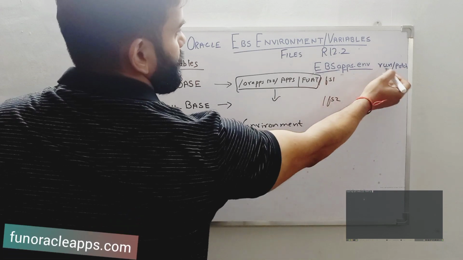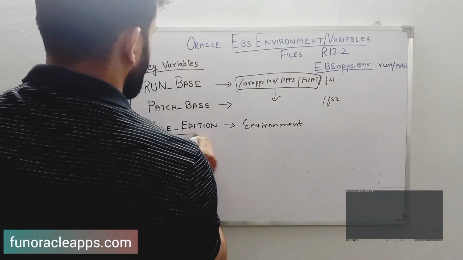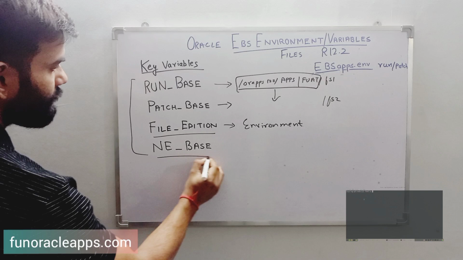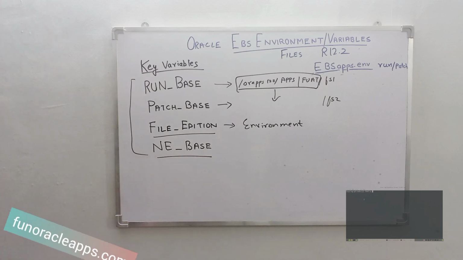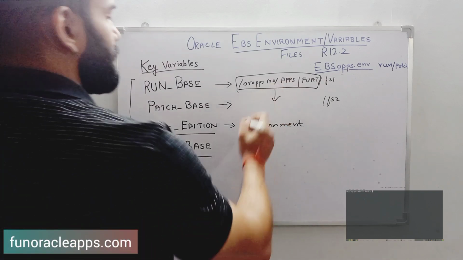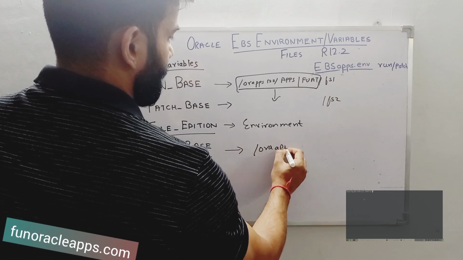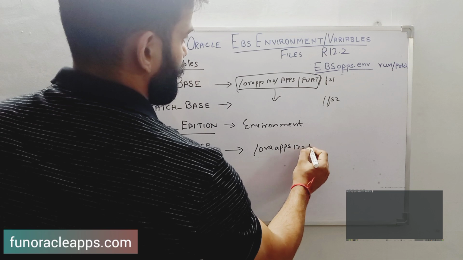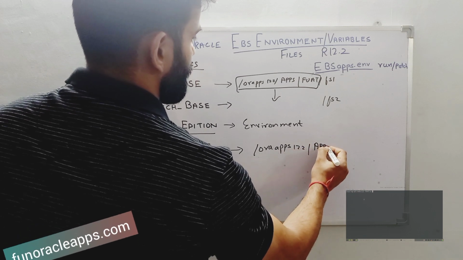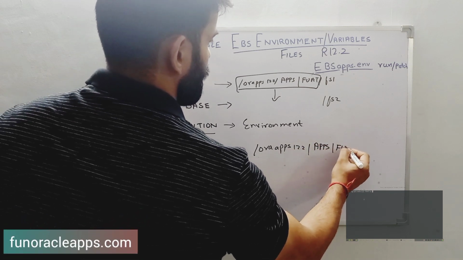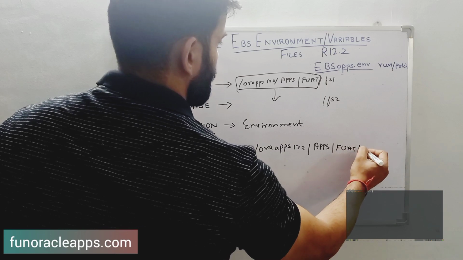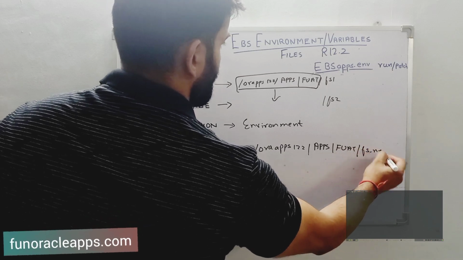If I have sourced run or patch, it will display via this variable. And NE_BASE, that is the base location of the non-edition file system. Again, that will be the same value, let's say /u01/oracle/apps/122, then apps/FUAT and your fs_ne.